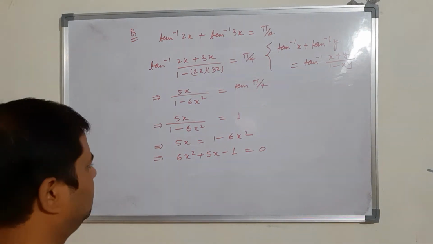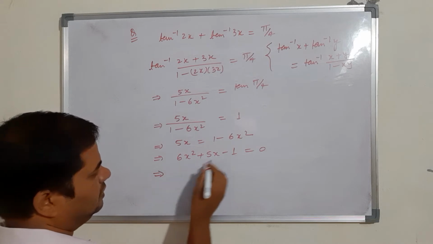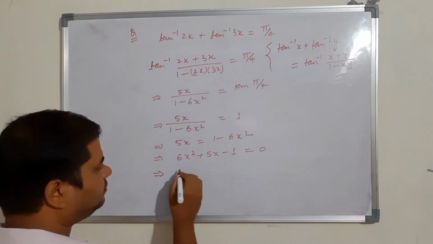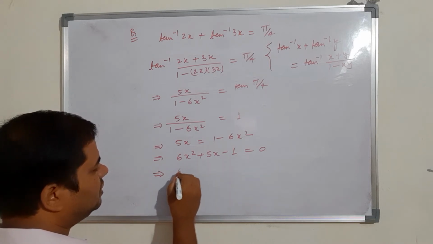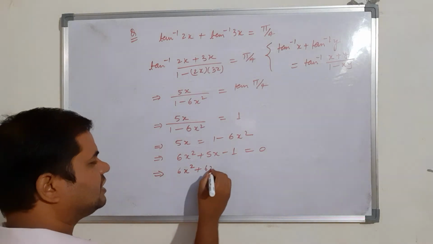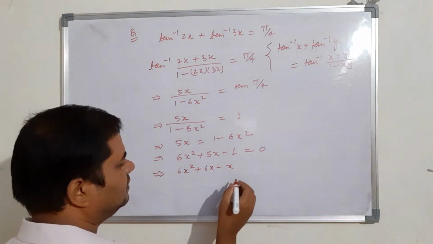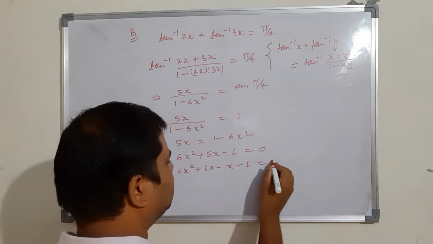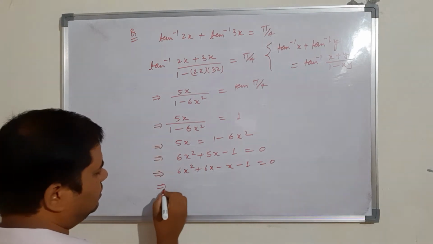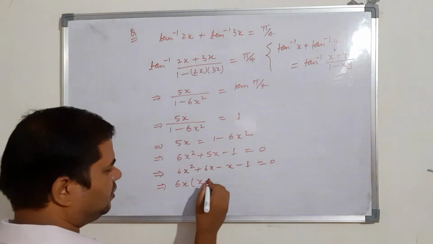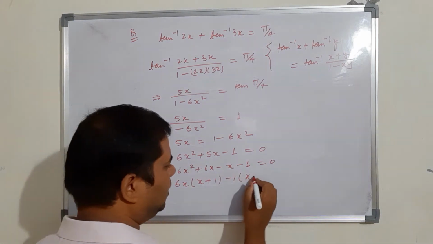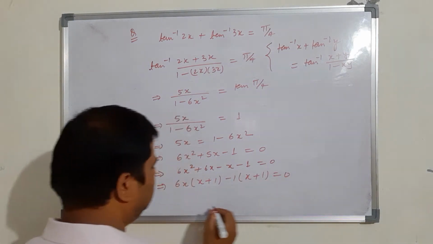Now factorize it. 6x square plus 6x minus x minus 1 is equal to 0. 6x is common, then x plus 1, and minus 1 is common, x plus 1 is equal to 0.